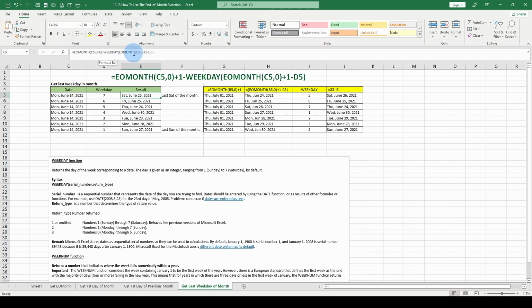With the second structure, EOMONTH(C5,0)+1 minus C5, gives us what? Well, we know EOMONTH(B5,0)+1 is July 1st, 2021. If we use this second function, EOMONTH(D5,0)+1 minus D5, what we're saying is we want to subtract 7 days from July 1st, 2021.